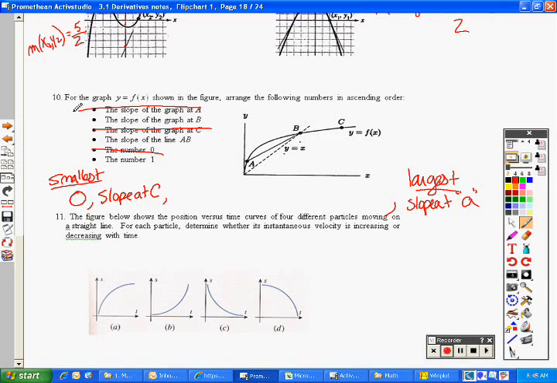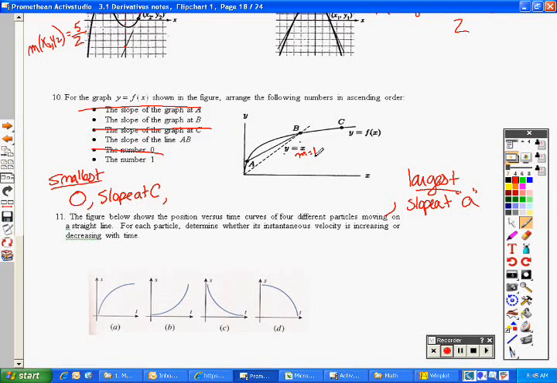All right, so let's talk about the next thing. We've got the slope at B and line AB, and we've got this line y equals x right here, and the slope of the line y equals x would be 1.